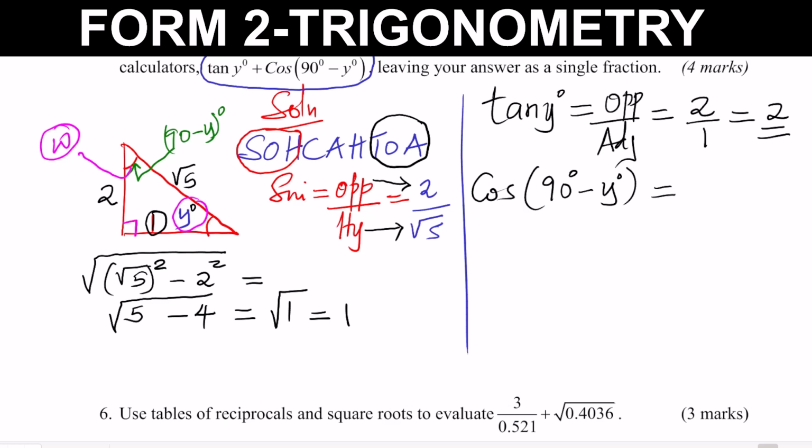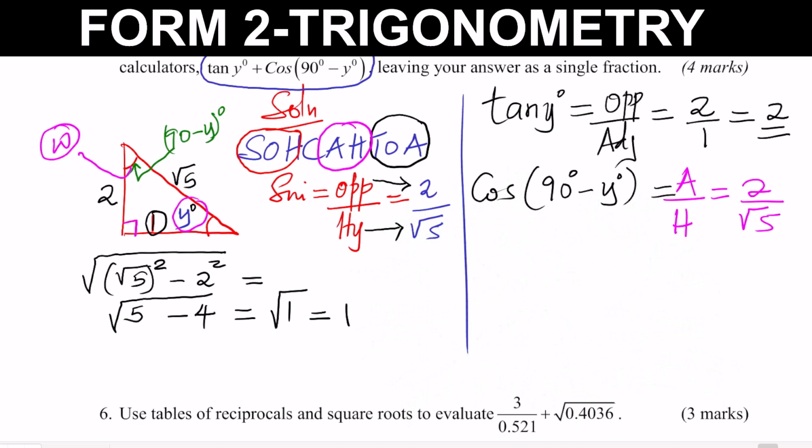How do you get the cosine? Cosine is given by adjacent side divided by hypotenuse. What is the adjacent side? Look at where 90 minus y degrees is. The adjacent side is 2, then the hypotenuse is root of 5.